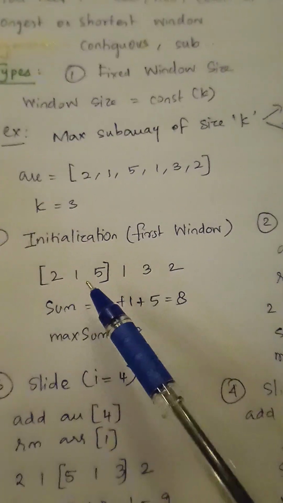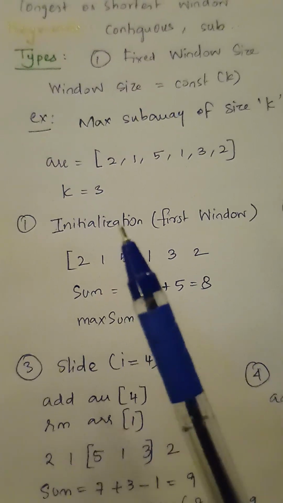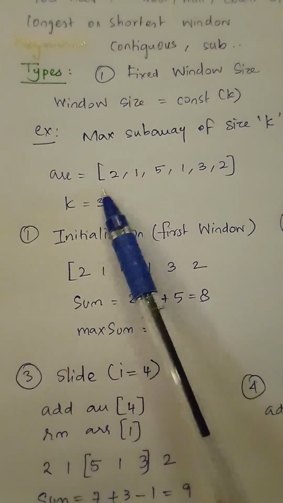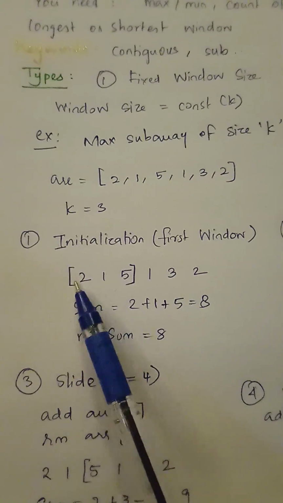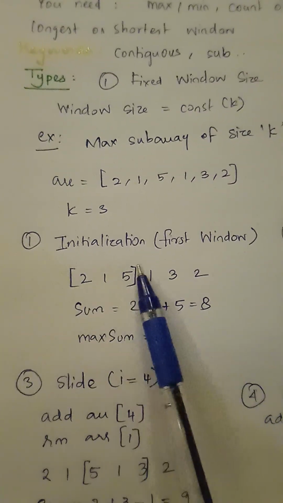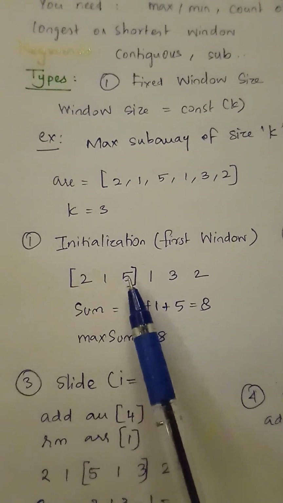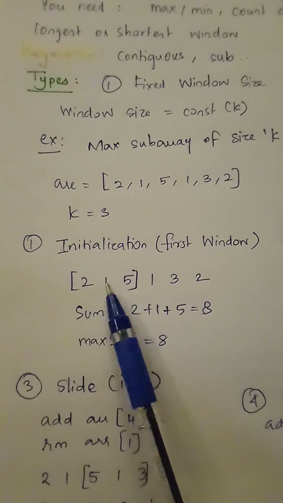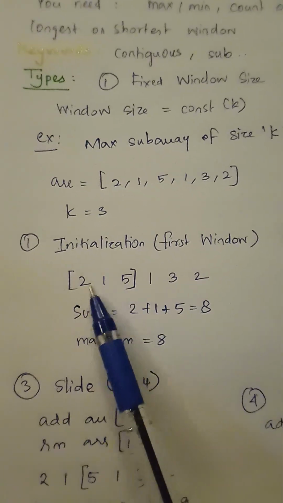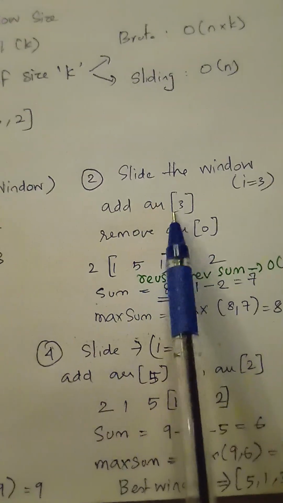If you don't understand what a sliding window is, here we have the size 3. In this array we initialize the first window with the first 3 elements. We will be sliding this window across this array in a direction, starting from the left and moving on to the right.